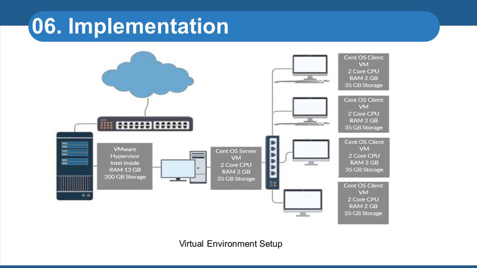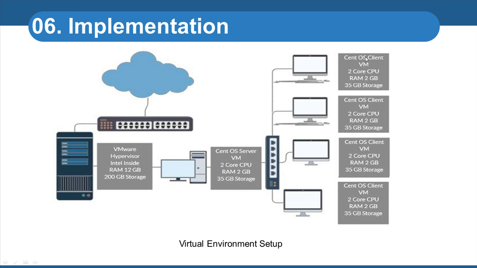Then within my VMware, I've installed 5 virtual machines that I'll be using. One of the virtual machines is my server virtual machine, and 4 others are my client virtual machines that I'll be working on. My server virtual machine has the Linux CentOS server installed on it, since we're working with Linux, and it has 2 cores of CPU, 2 GB of RAM, and 35 GB of hard drive, which is more than sufficient for this experiment.